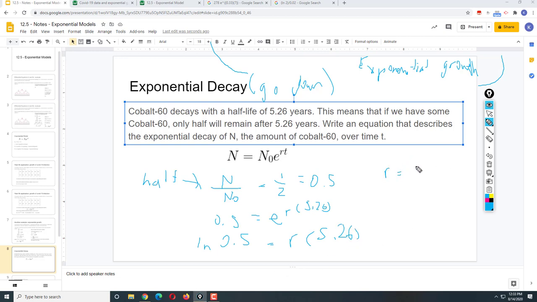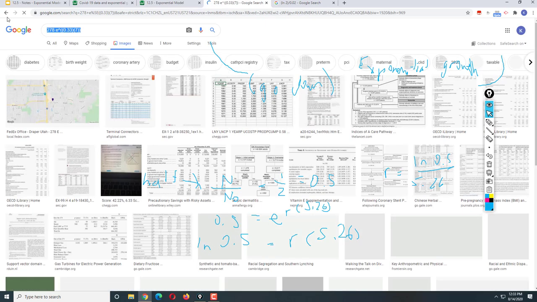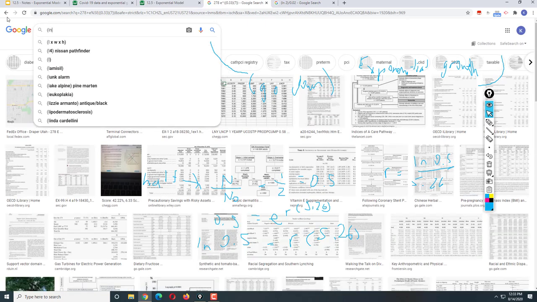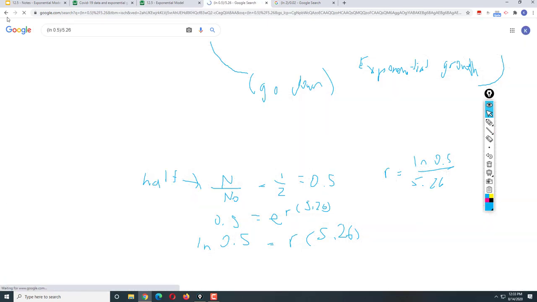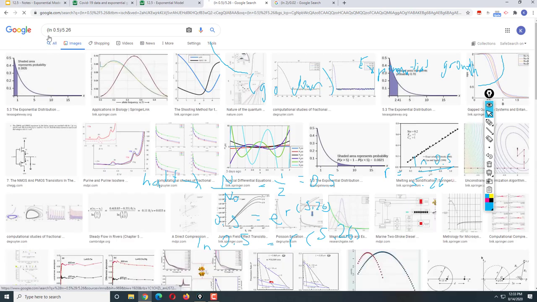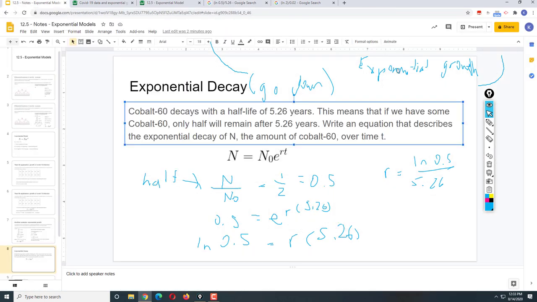That means that r must be ln of 0.5 divided by 5.26. Plug this in a calculator. And we get about negative 0.13. It's negative because our function is decaying.